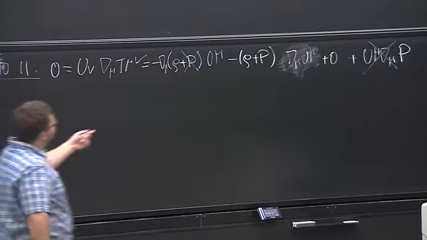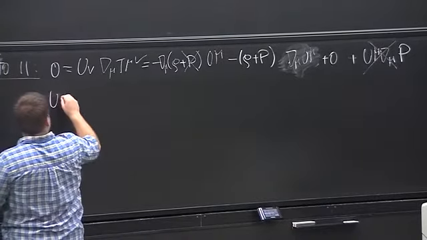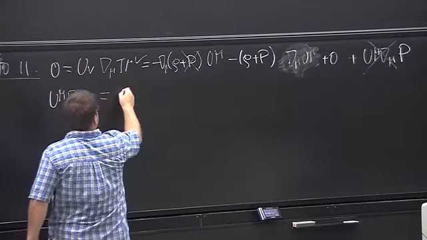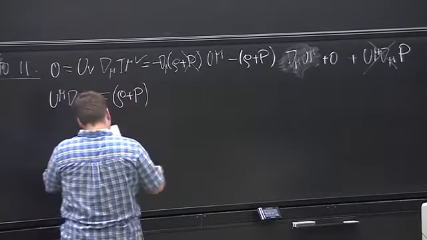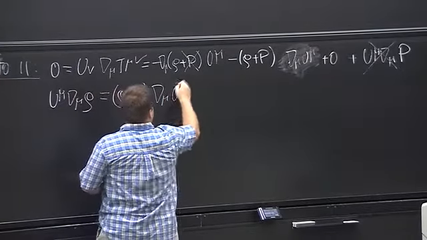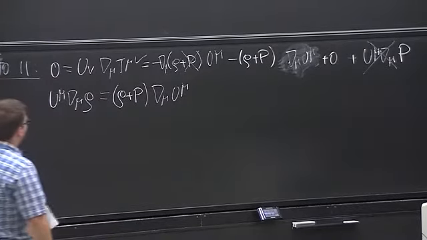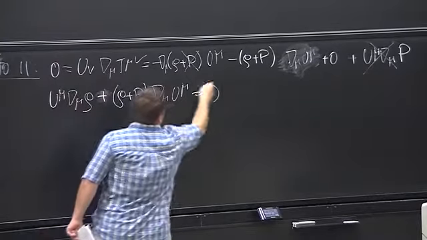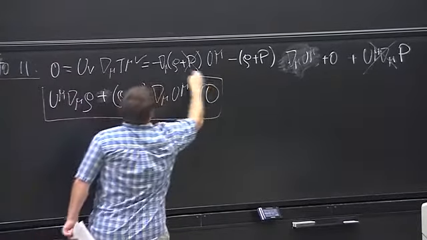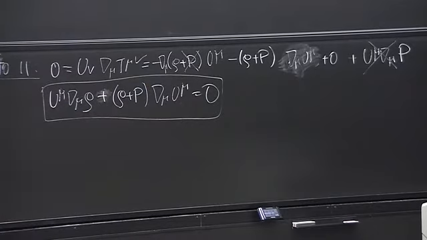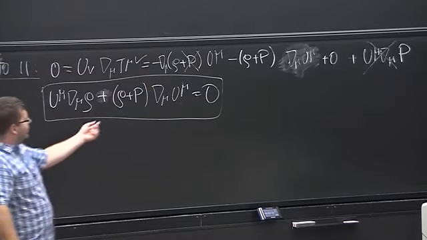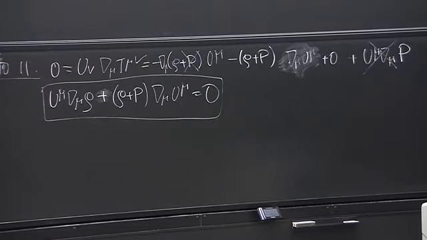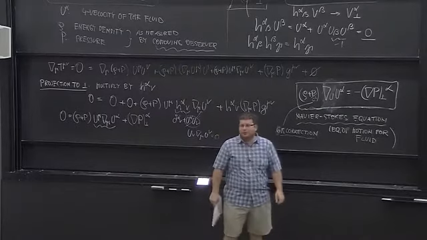Then you have u mu nabla mu on rho equals rho plus p times nabla mu u mu, and with the minus sign, better put plus here, equals 0. So has anybody seen this equation? Again, provided that the pressure term would be suppressed by c squared, and so wouldn't be there. Is this equation familiar from fluid mechanics?